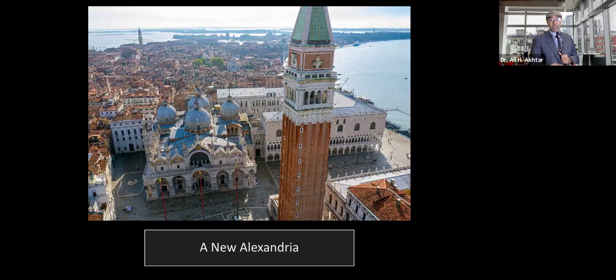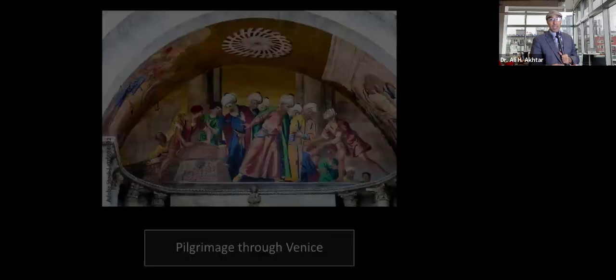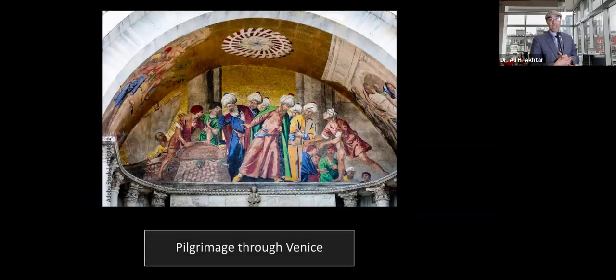This is the Cathedral of St. Mark in the center on the left, and then on the right is the Doge's palace. Of course, the city of Venice sits in a lagoon off the eastern coast of mainland Italy, and in one of the reliefs in one of the doorways of St. Mark's Cathedral, we see that the Venetians for a few centuries, going back to the 1300s, had already been experimenting with integrating new motifs and images and representations of people from the Middle East and North Africa wearing very colorful designs in silk.